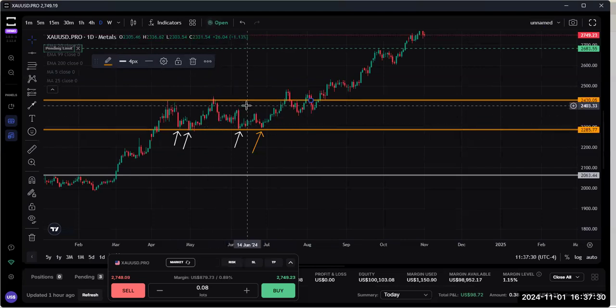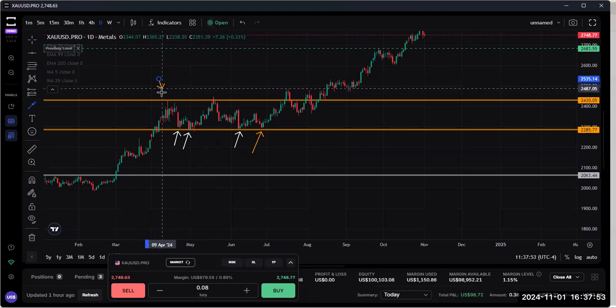Maybe because I've looked at the chart so many times, it's easier for me to identify them now. But how did I decide this? So first of all, I saw that this was the highest point here, but I also saw that, so highest point here, here. Okay, let me just use my arrows.